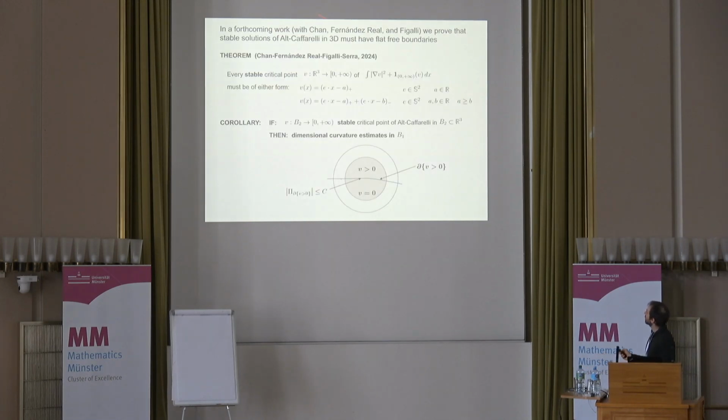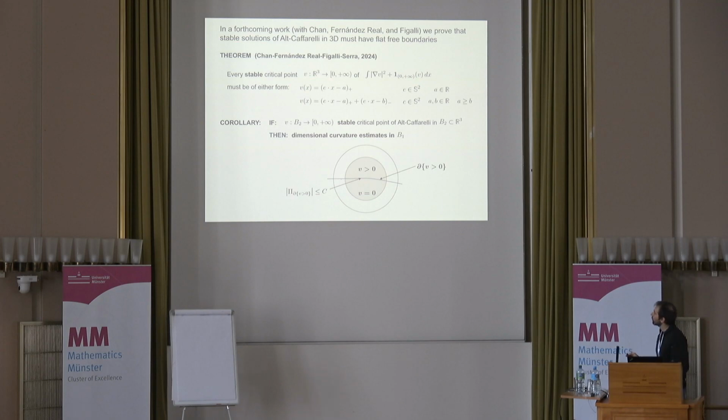But now we could finally do it, in a joint work with Hardy Chan in Basel, Fernandez-Real in Lausanne, and Figalli and myself in Zurich. It's very Swiss, well, none of us is Swiss, but we are all working in Switzerland. We can prove that stable solutions of the Alt-Caffarelli problem in 3D must have flat free boundaries, and this is the theorem.